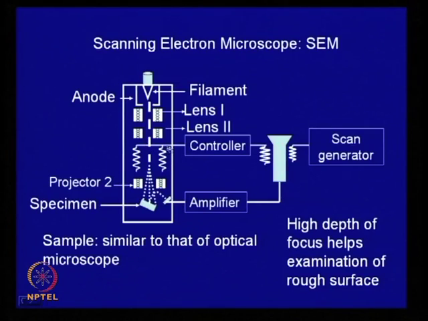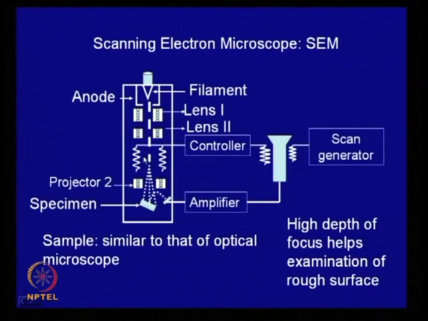Now, here in addition you have a magnetic coil, which can move this electron beam. Suppose this electron beam falls straight here at one point, now you apply some voltage here, in that case you can move it from here to here. Similarly, you apply another voltage, you will shift it from here to here.